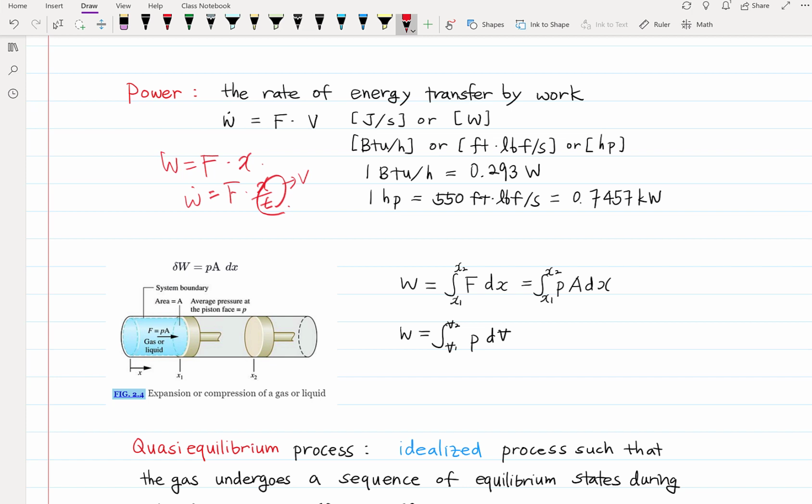The unit of power is joule per second, or watt. In English units, BTU per hour, foot pound force per second, or horsepower. And this is the conversion between English units and SI units. The first law of thermodynamics can also be expressed in rate form. This will be discussed later.